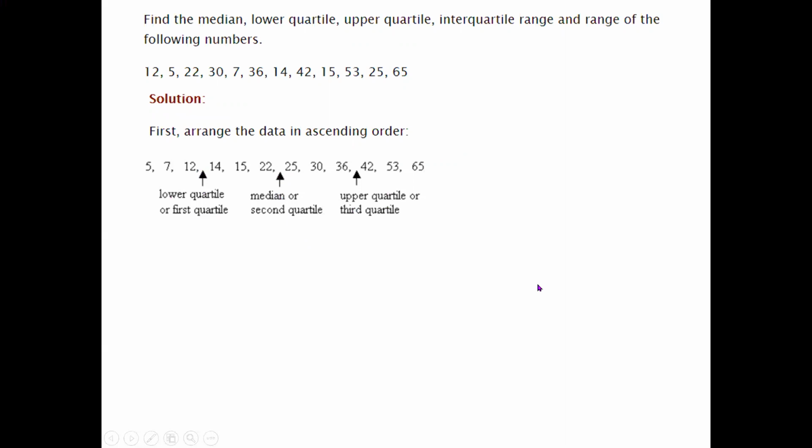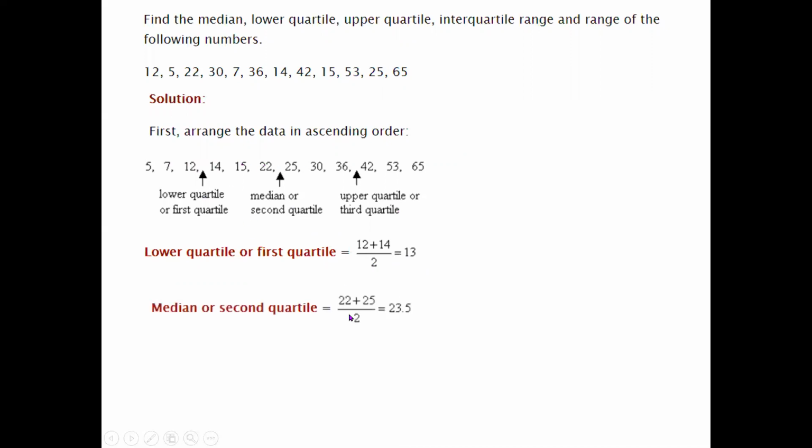But how to calculate the quartile? Very simple. You take 12 and 14 and take the average: 12 plus 14 divided by 2 gives 13. So for this whole set of numbers, 13 is Q1, the first quartile. Similarly, the average of 22 and 25 is the middle quartile, or second quartile. This is also called the median. What is the median? If you write all the variable values from lowest to highest, the middle value is the median.